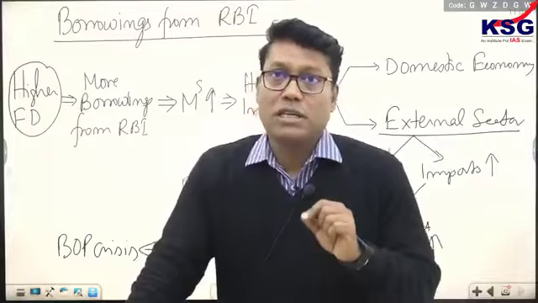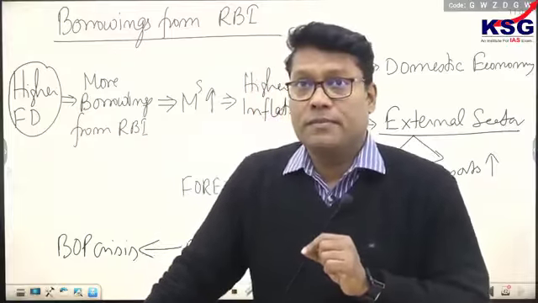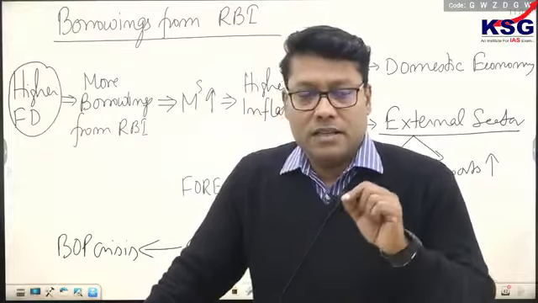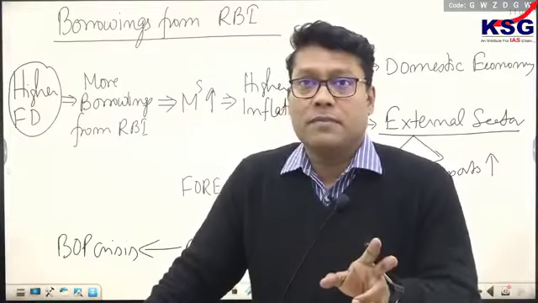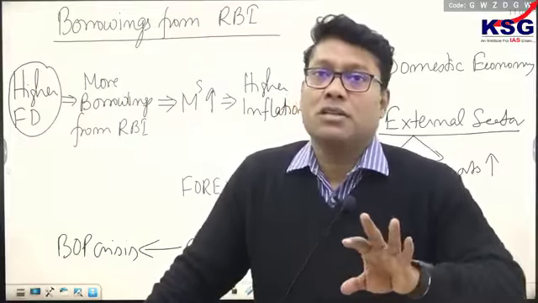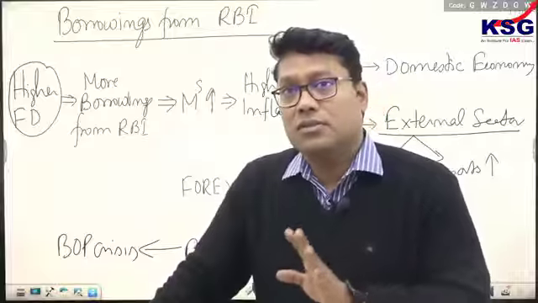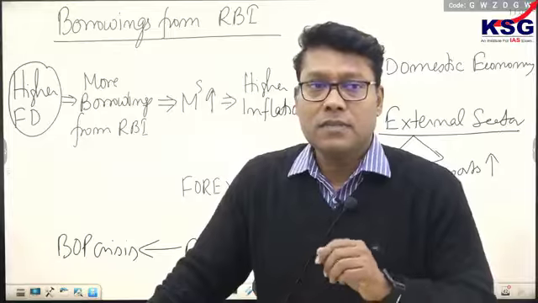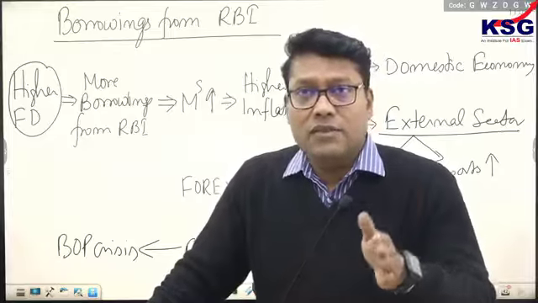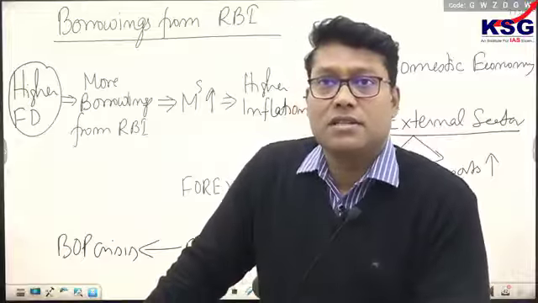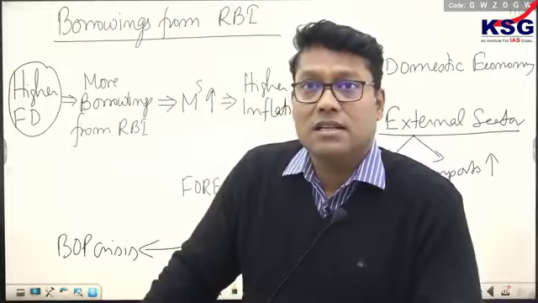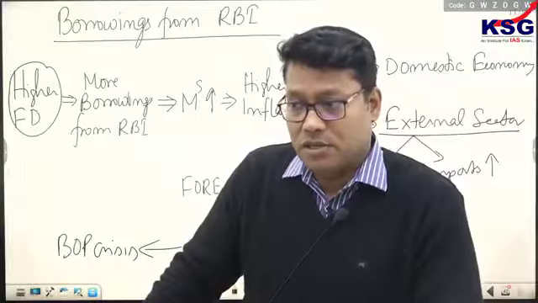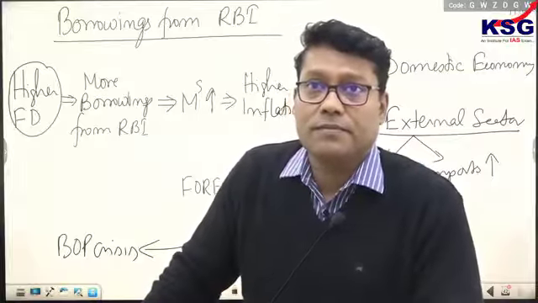The revenue deficit is due to the revenue expenditure and revenue receipt. If there is a revenue deficit, it simply means that government is not able to meet the current consumption expenditure from their own resources.